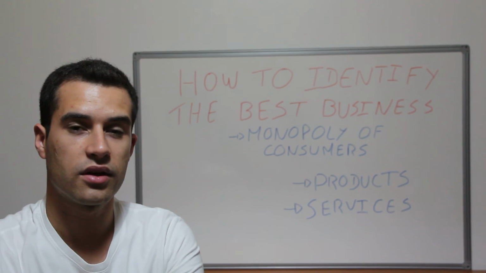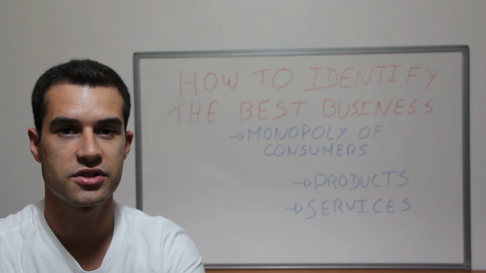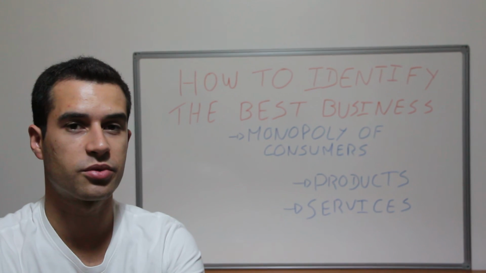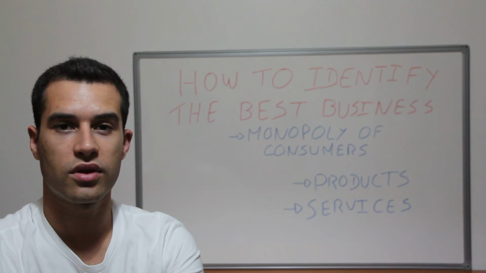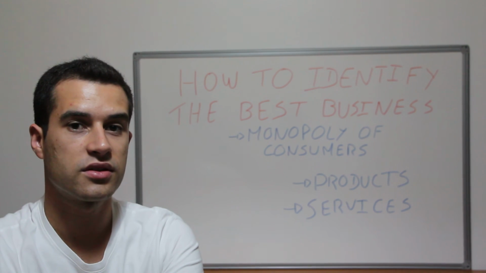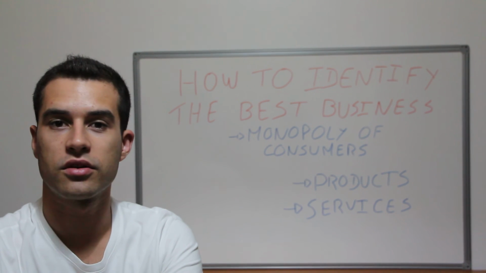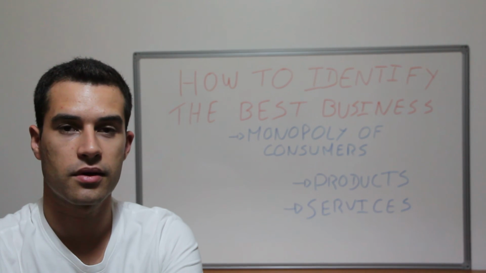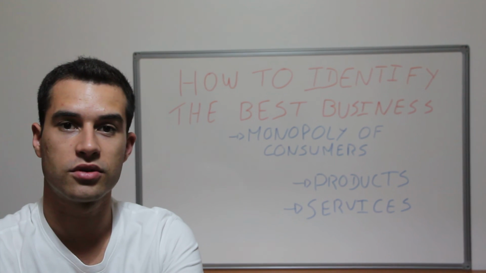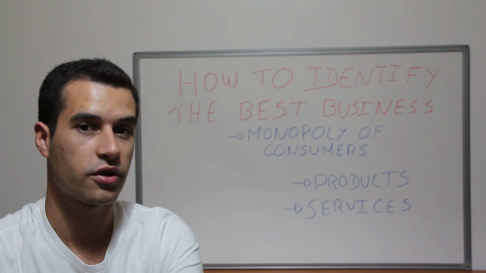Now that you have a little insight into what a monopoly of consumers is, the exercise that I want you to do is that next time you go to a supermarket, try to identify the one thing that everyone seems to buy. Once you find this, ask yourself: if you had access to millions of dollars and you could hire the 50 best managers in the world, could you build a company that would compete with these products?